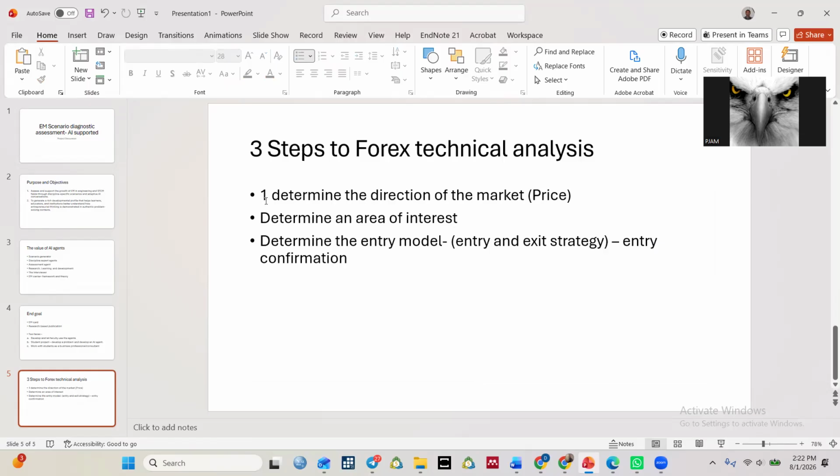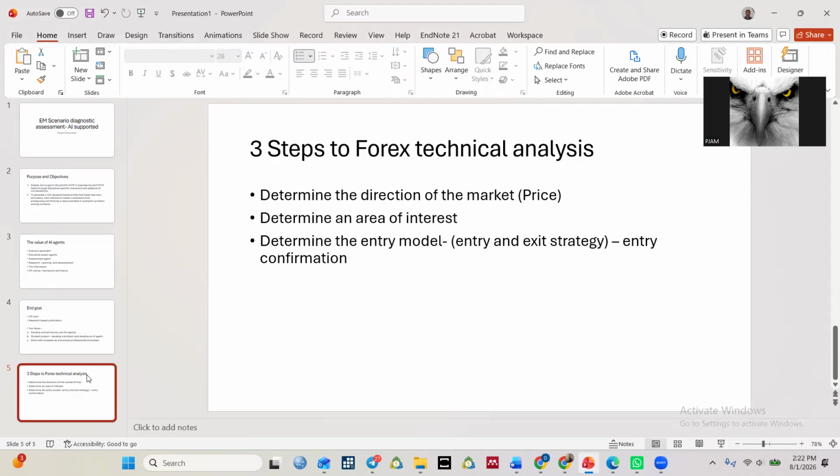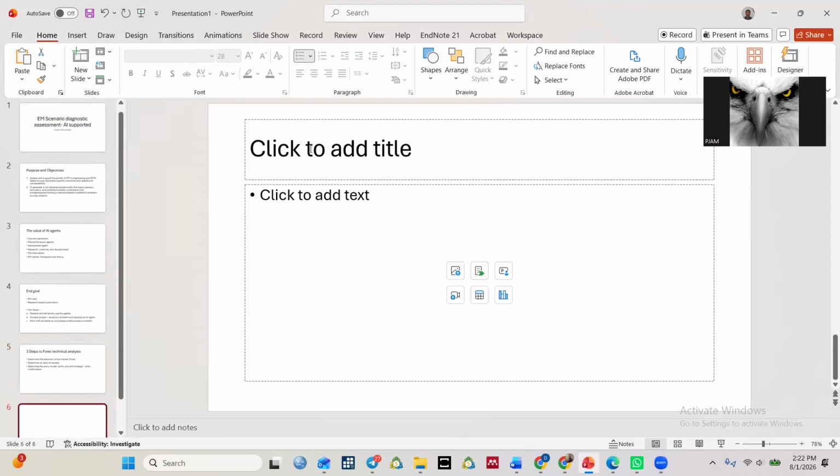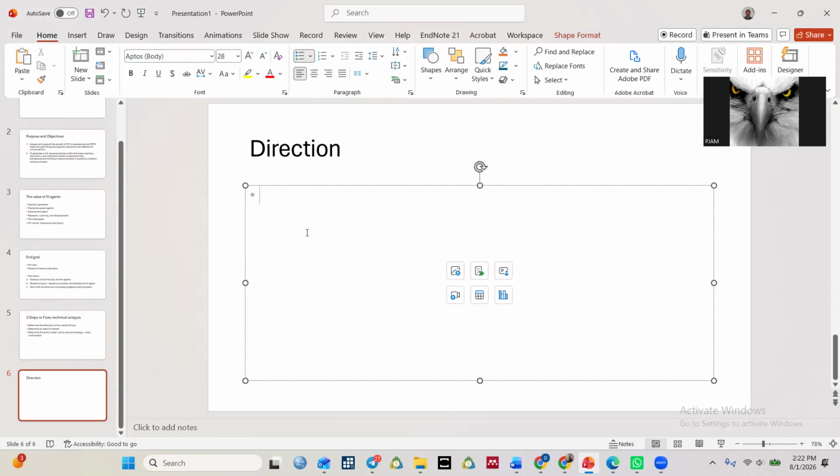So let's say, for example, the first point is determining the direction of the market. To determine the direction of the market, let me go to the next slide. Direction. To understand the direction, we have to first understand the market structure.